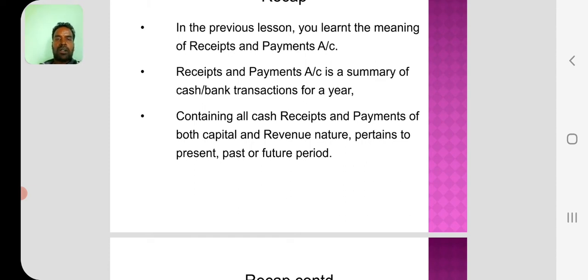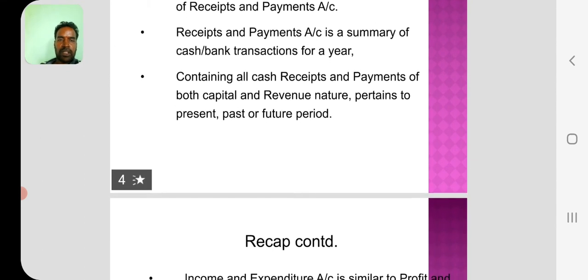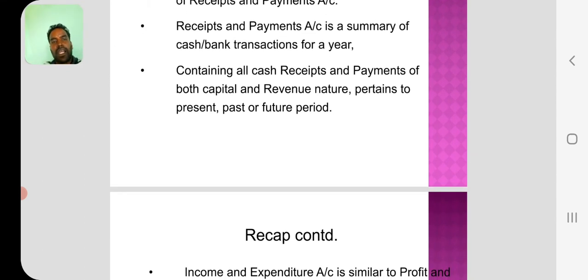It follows the real account rule: debit what comes in and credit what goes out. All cash receipts are recorded on the debit side and all cash payments are recorded on the credit side. Receipts and payments is a summary of cash book transactions for a particular year.